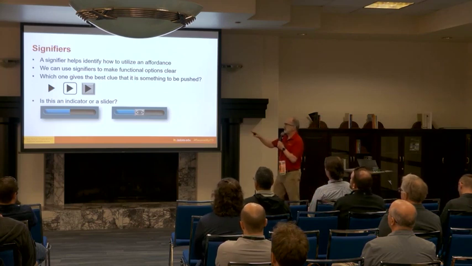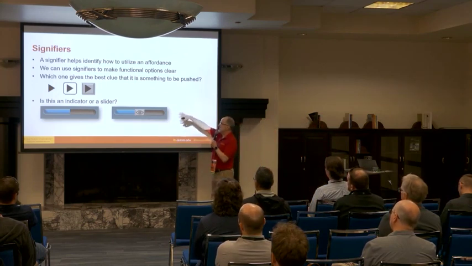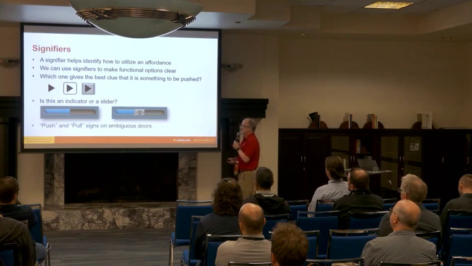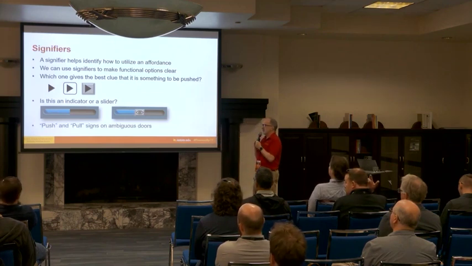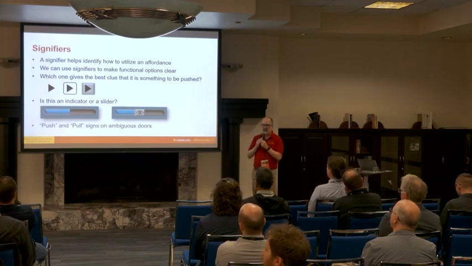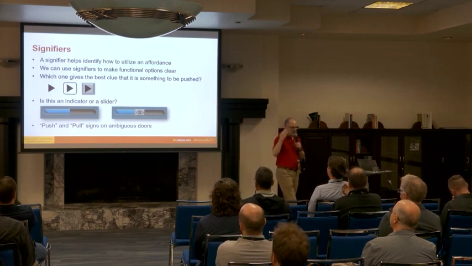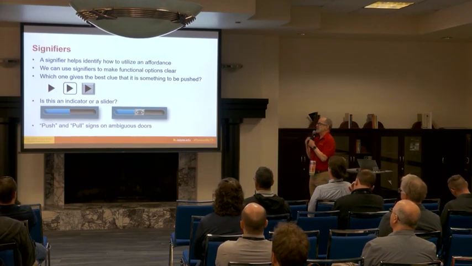And so these are signifiers. These help you understand, right? And of course, the push and pull signs on ambiguous doors, that's a signifier, right? It helps you understand how to utilize that particular item.